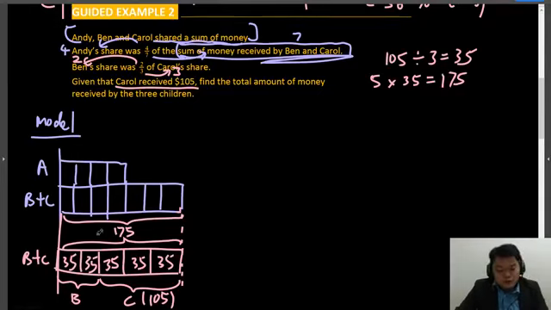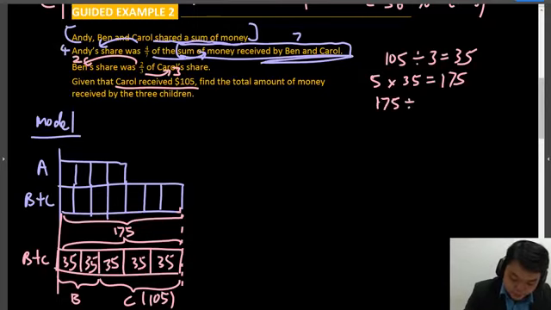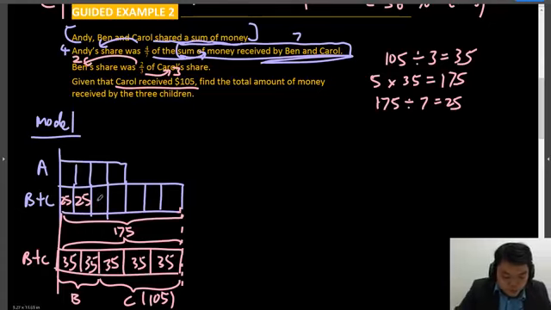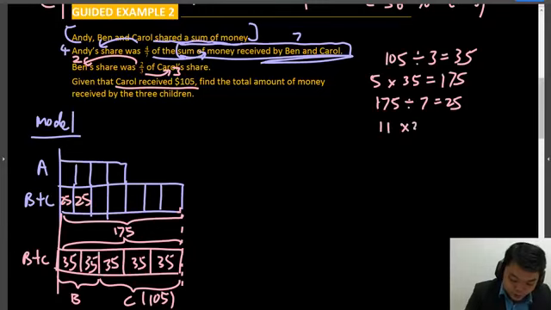And because this 175 is now distributed across 7 of these blue blocks, this will give us 25. Every one of these will be 25. So in total, if I were to count everything over here, I would have 11 copies of 25.